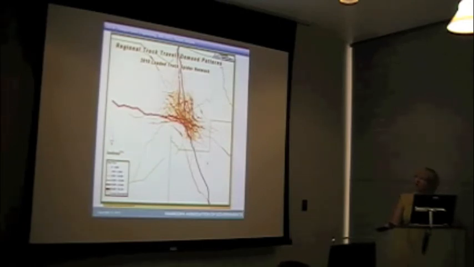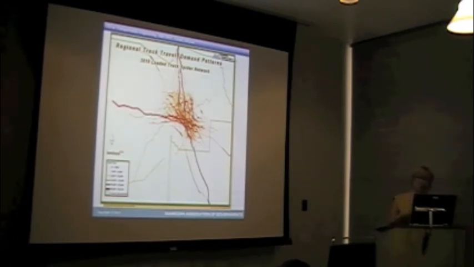Now here, this shows truck traffic between different zones in our area. And you can see, I don't have the freeways, but this is I-10 going to Tucson, I-10 going west, and I-17. So if you want to know where freight traffic is, you look and you get an idea.